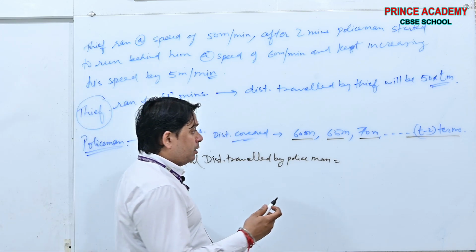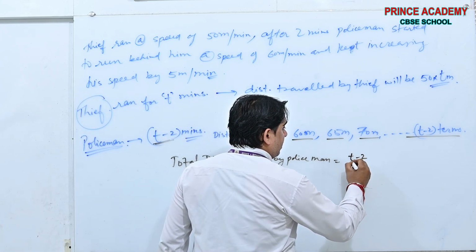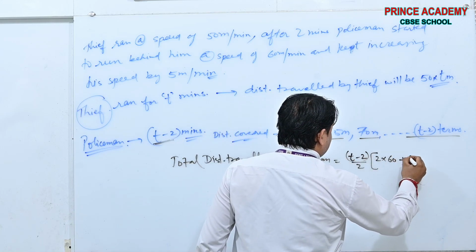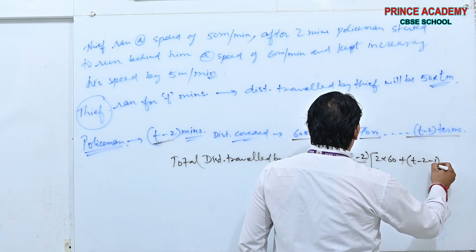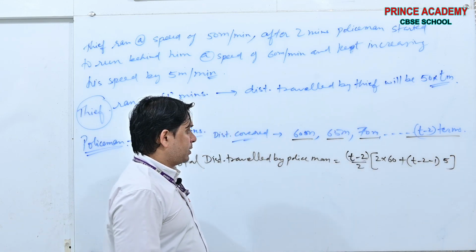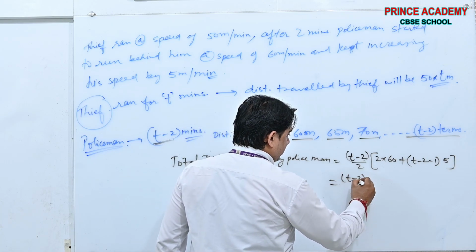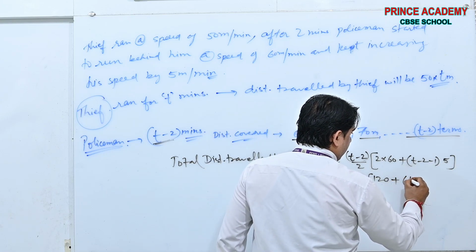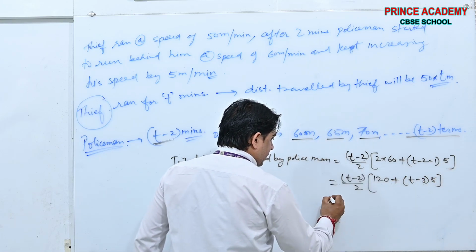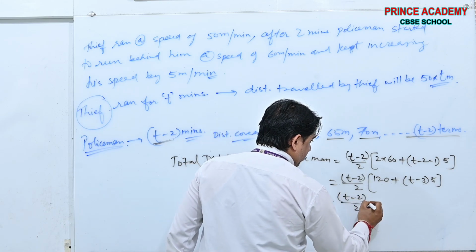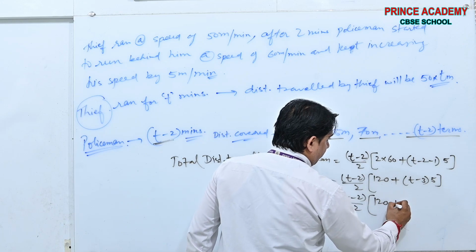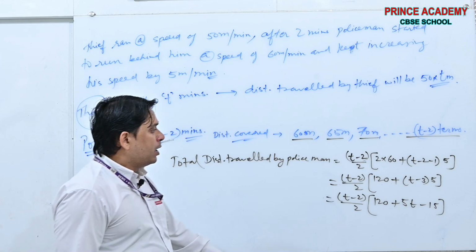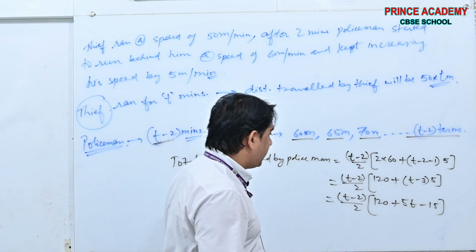Use the Sn formula: n by 2 into 2a plus n minus 1 into d. Okay? Now see, T minus 2 by 2 into 120 plus T minus 3 into 5. Now T minus 2 by 2 into 120 plus 5T minus 15.